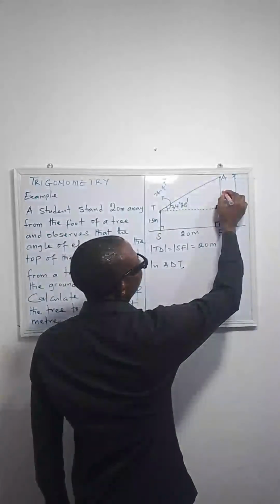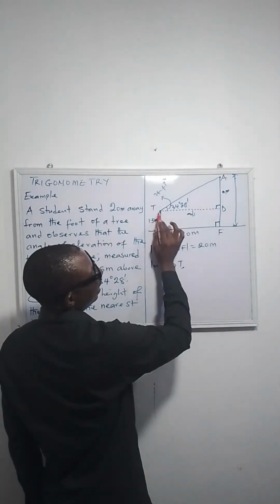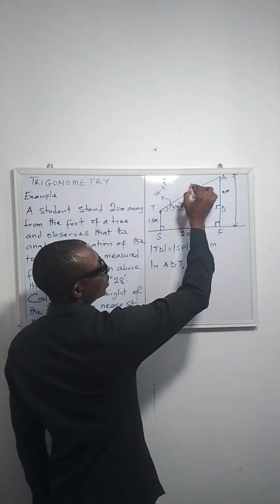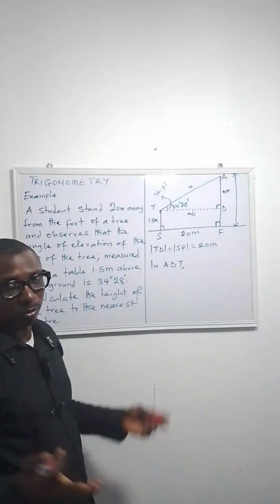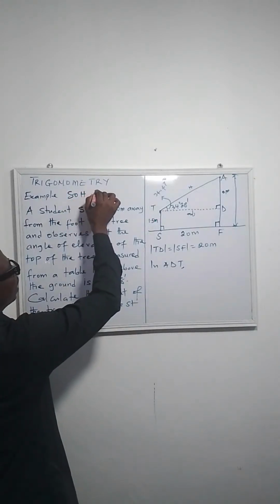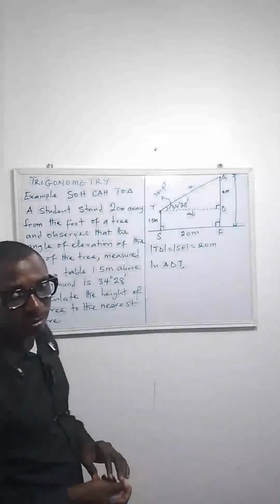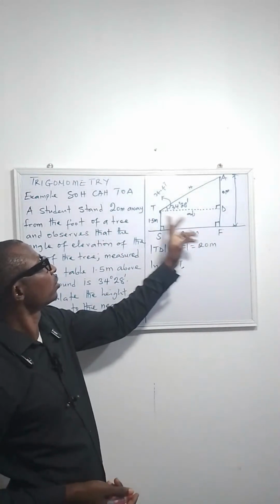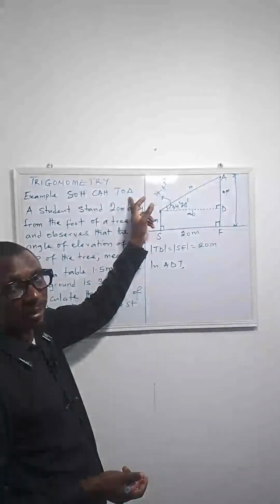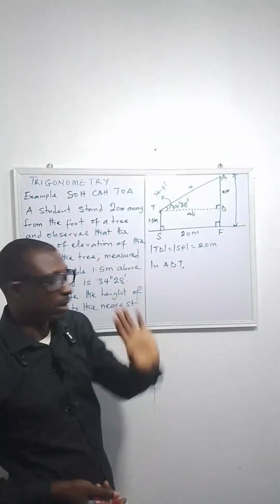This is going to be the opposite, and this is the adjacent, because it is the side touching the reference angle and the 90 degree angle, and this is the hypotenuse. Let me quickly remind myself of SOHCAHTOA. Which trig function am I going to use here? I'll make use of tan, because we have opposite and adjacent. These are the two sides that we are considering.